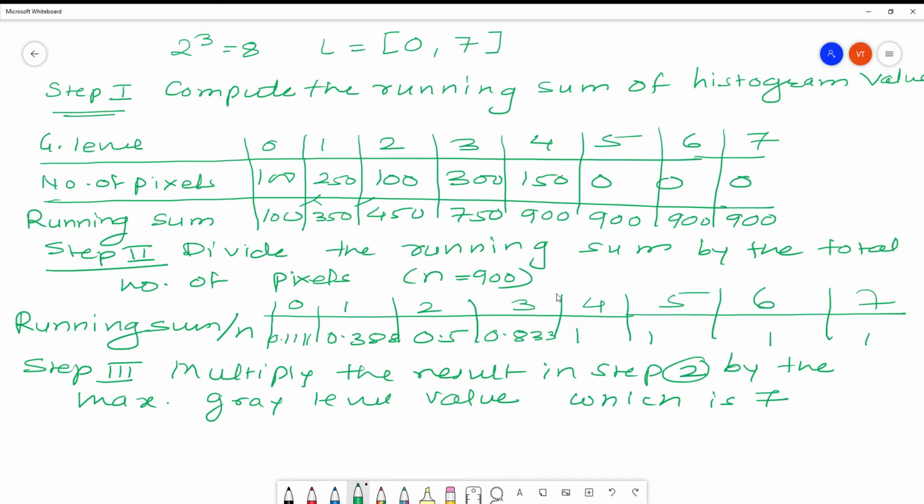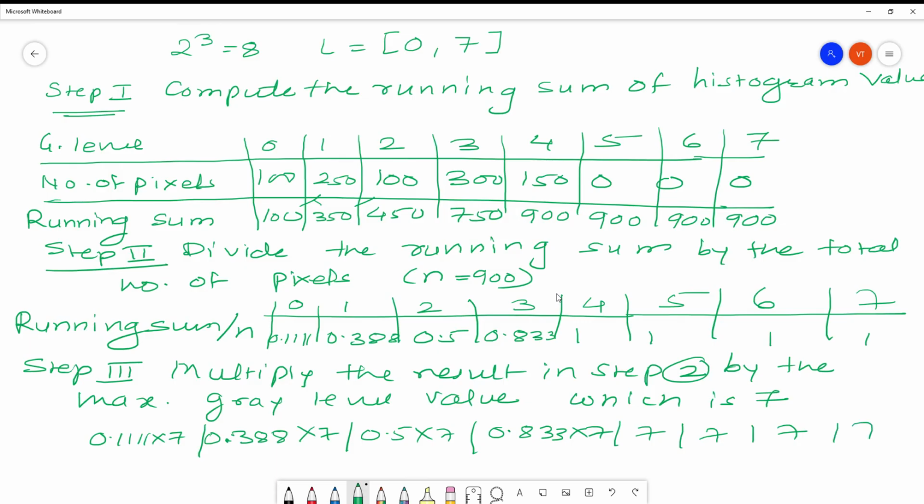So now you have to write again 0.111 into 7, then, okay, sorry, not 0.5, I missed one number, that is 0.388 into 7, then 0.5 into 7, 0.833 into 7, then 1 into 7 is 7, 7, 7 and 7, right?